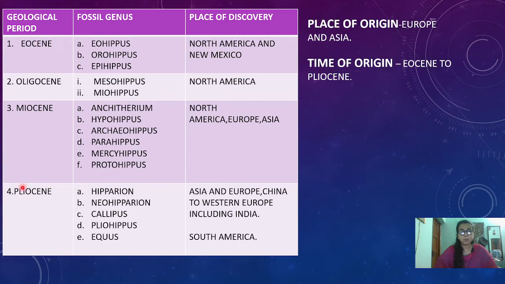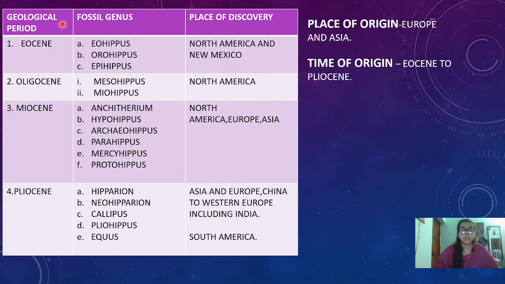During the Pliocene period, which is the recent period, Hipparion, Neohipparion, Callippus, Pliohippus and Equus, the modern horse, evolved, first discovered in South America. The others were first discovered in Asia, Europe, China and some parts of India also. So these are the four geological time periods where the evolution of the horse took place.